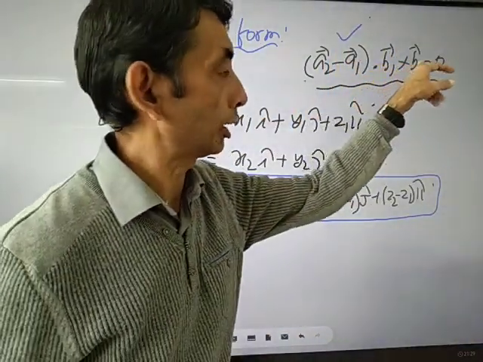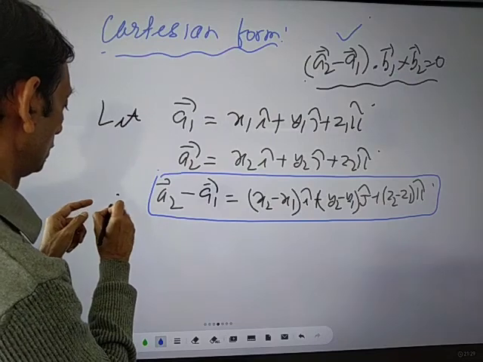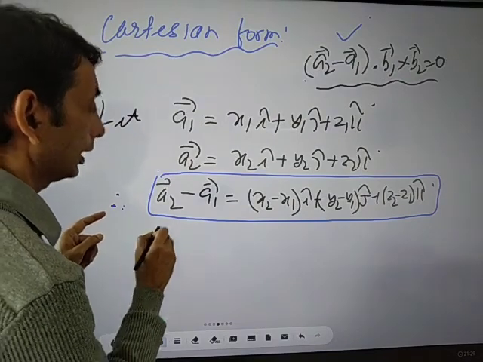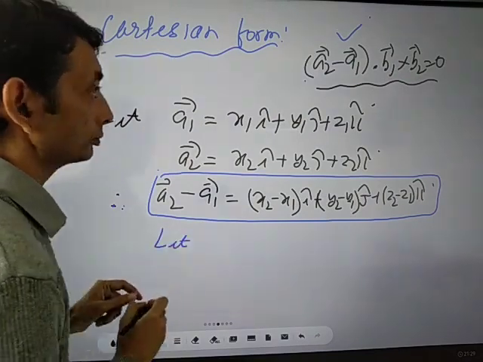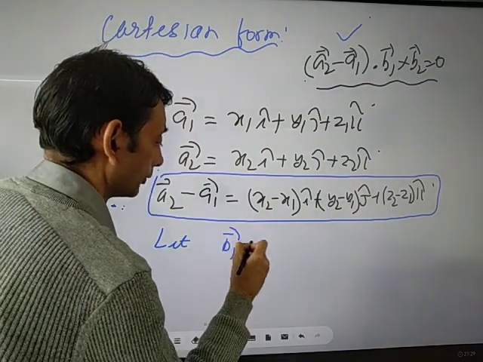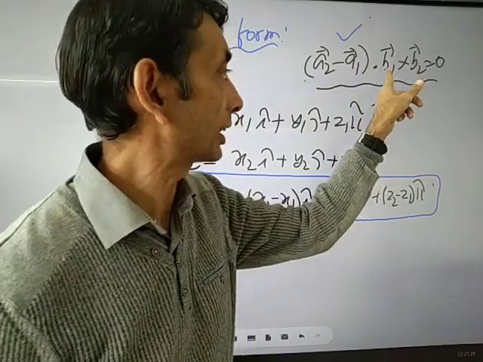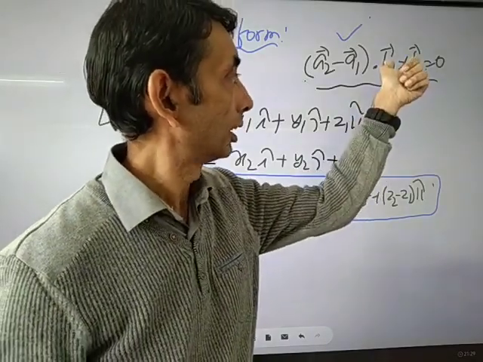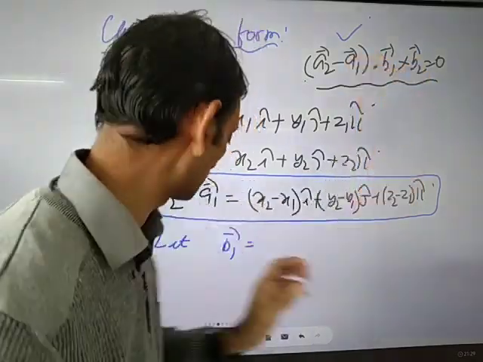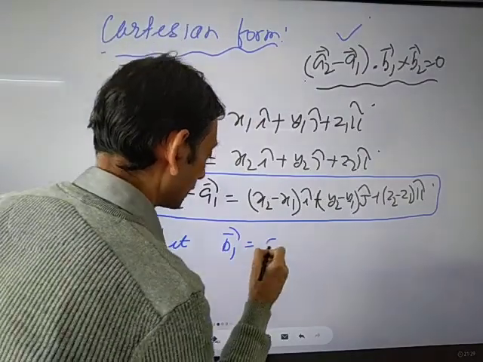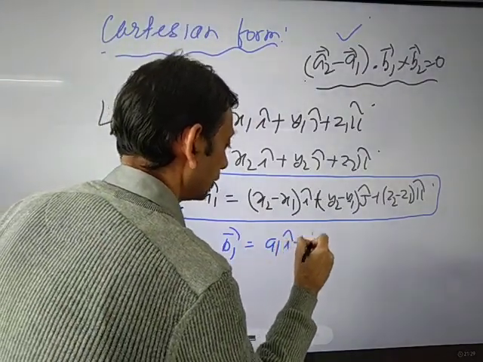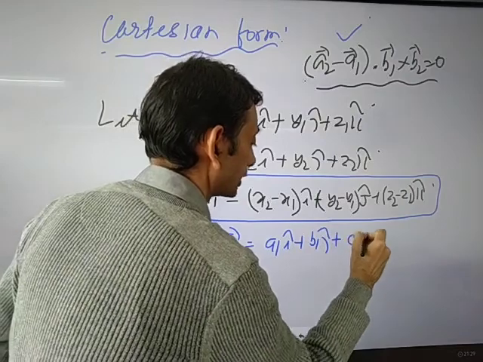Now B1 and B2. So let B1, right? You can take B1. If you know the direction ratio of B1, let us consider that a1, b1, c1 is the direction ratio of B1. So B1 can be written as a1 i cap, b1 j cap, and c1 k cap.